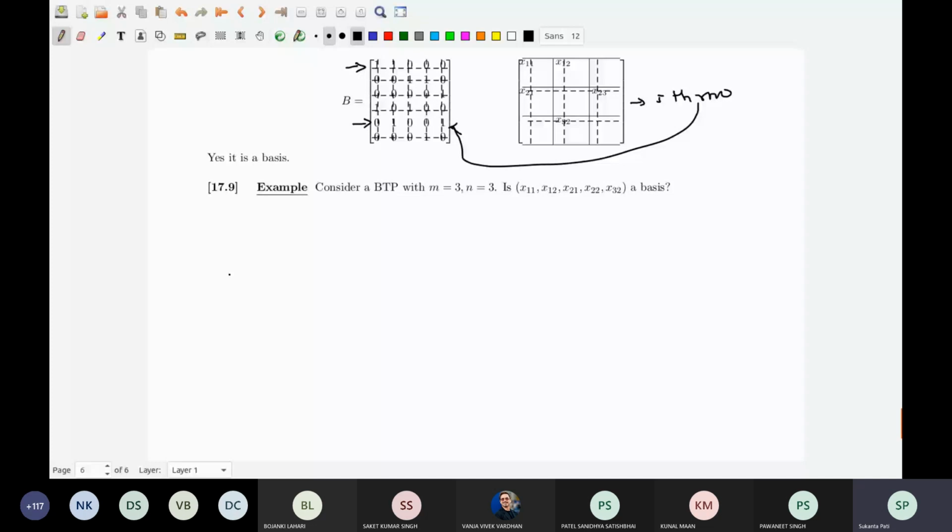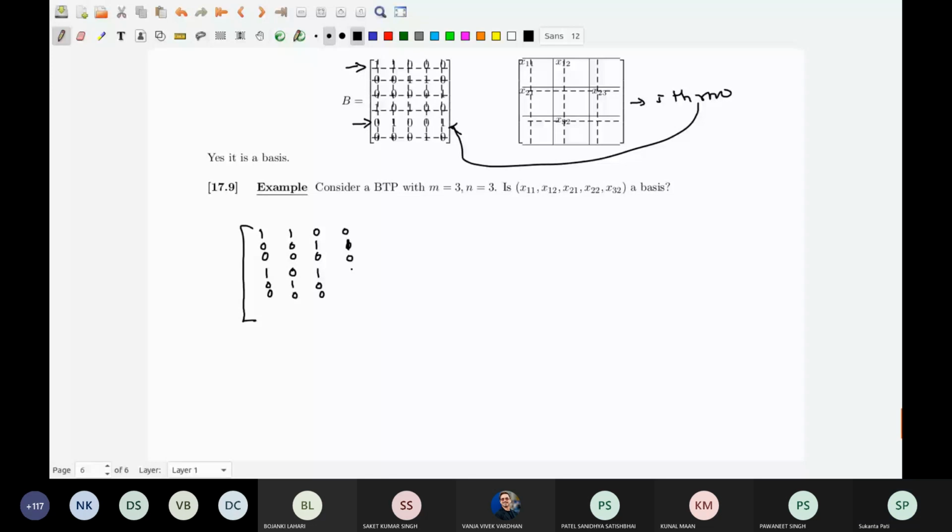The matrix is 1 0 0 1 0 0, that is x11. x12 is 1 0 0 0 1 0, and then x21 is 0 1 0, that is e2, and 1 0 0, x22 is 0 1 0 1 0 0 1 0, and x32 is 0 0 1 0 1 0. I don't know whether it is a basis or not right now.